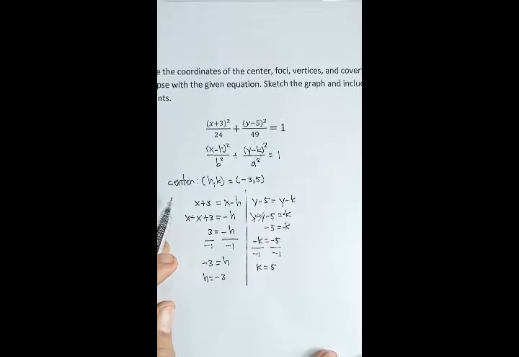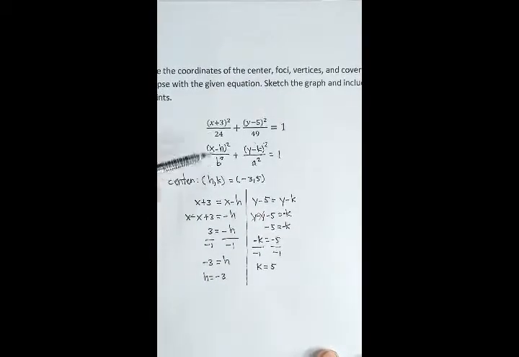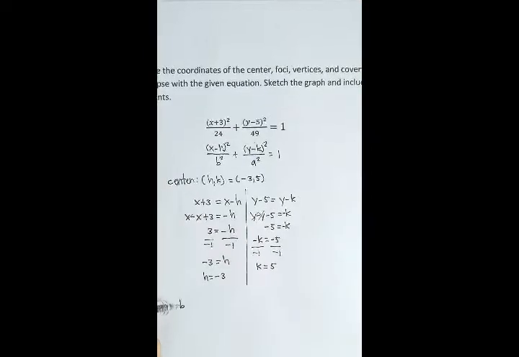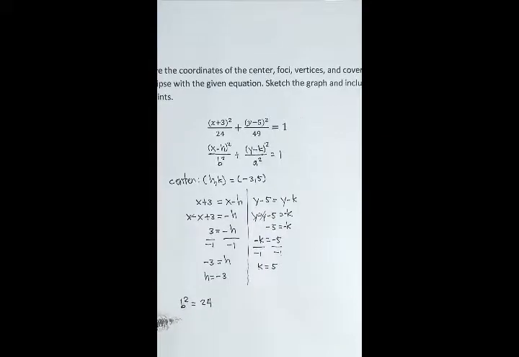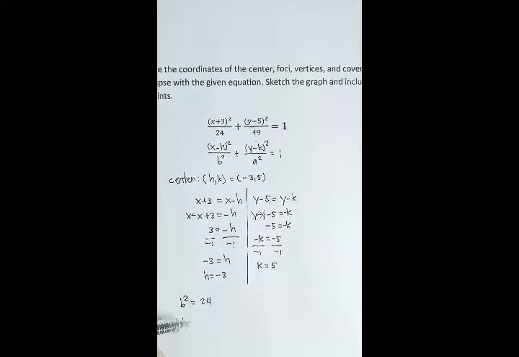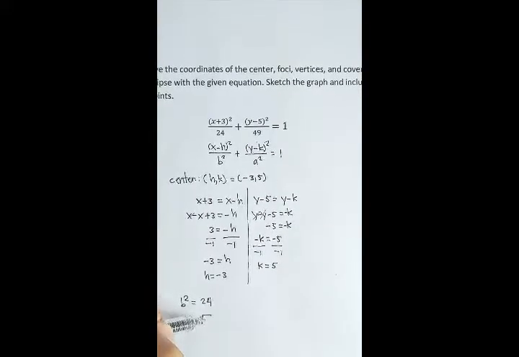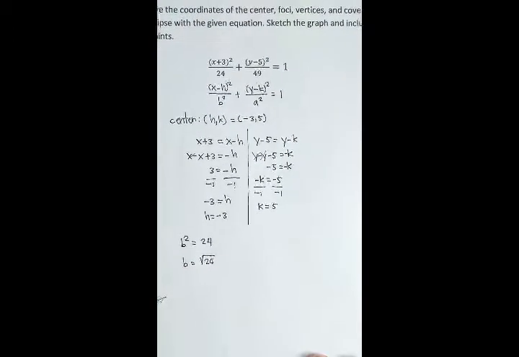After solving for our center, we now solve for b and a. We can solve first for b. So, b squared is 24. Take the square root of both sides. So, b is equal to the square root of 24. Then 24 is not a perfect square.